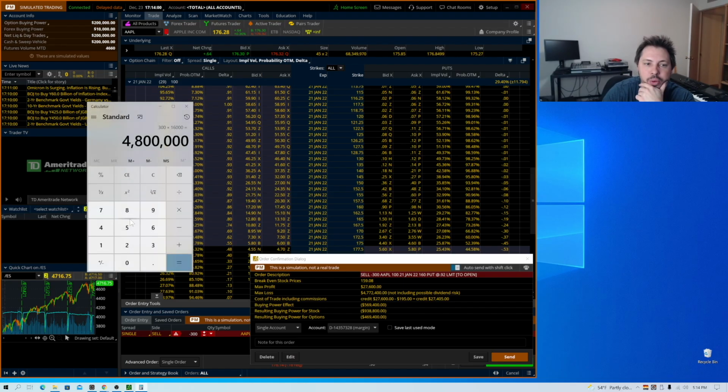So again, when we look at this from a different way, buying power effect here, obviously the numbers are different, right? It's different for the overall versus the stocks versus the options. But if we just take this buying power effect, which is, let's see what this is. $27,600, that's the premium we keep for 29 days of a put that we sold.